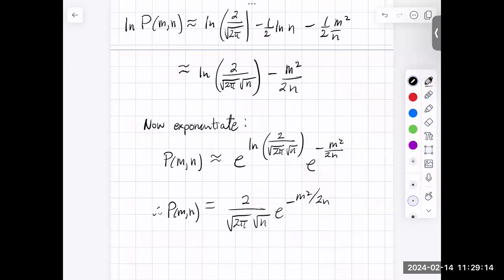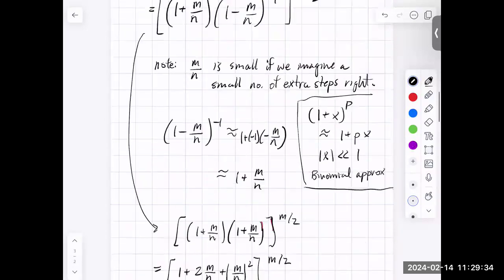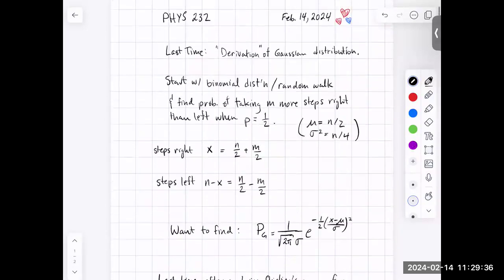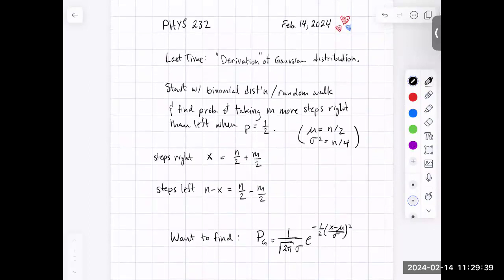So this is actually starting to look a little bit like what we wanted to get. Maybe not quite there yet, but we have an e to the minus something squared, and then we've got a prefactor that involves a 1 over root 2 pi. Let me just show you what we were trying to obtain. We're trying to obtain this thing. And so we have the 1 over root 2 pi. We have e to the minus something squared.